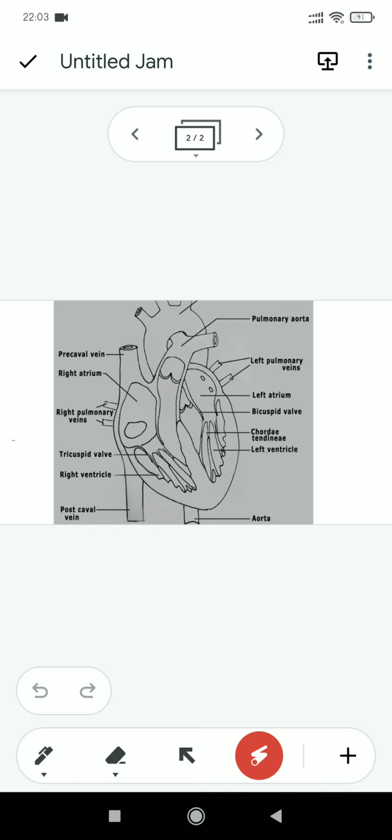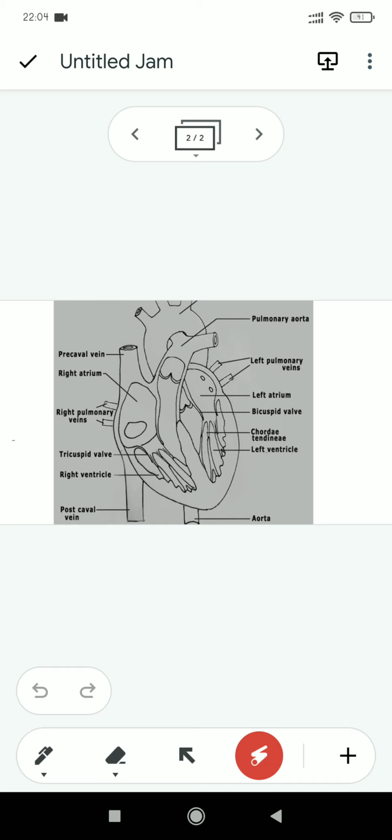Why have I mentioned high systolic pressure? Because the right ventricle doesn't need much systolic pressure to transfer the blood into the pulmonary artery, because you can see it's just a short distance, it's already attached to it. But the left ventricle needs a higher stroke of pressure to spread the oxygenated blood to our whole body.